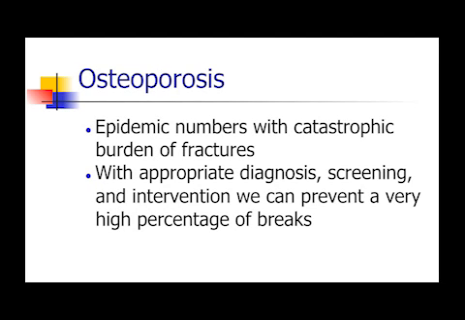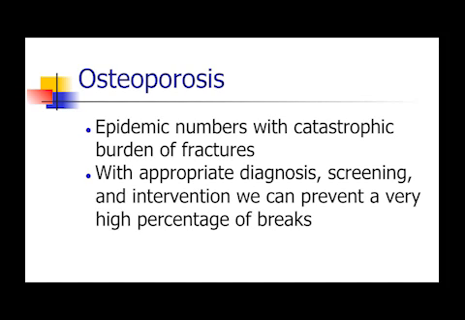Another area that I think deserves particular attention in this particular demographic is osteoporosis. We have an epidemic number of cases with catastrophic fractures throughout the senior age group. With appropriate diagnosis, screening, and intervention, we can prevent a very high percentage of fractures. We really can.